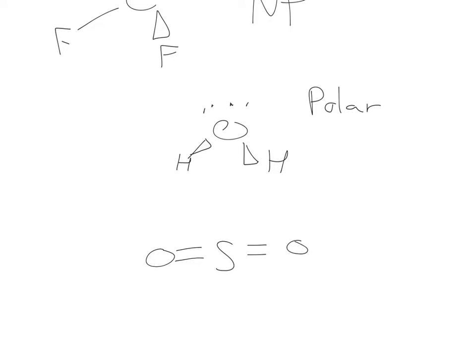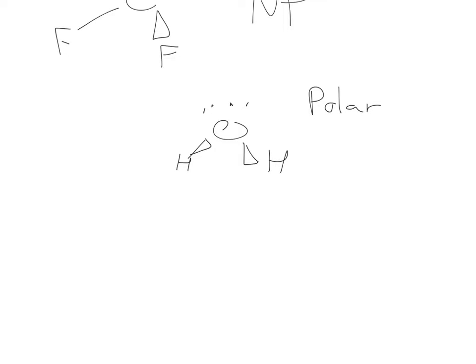Oh boy, I may have to look this one up, because the sulfur would still have lone pairs, yes? Am I going crazy? Maybe he has one lone pair? Oh, I miscounted my electrons. How about that?